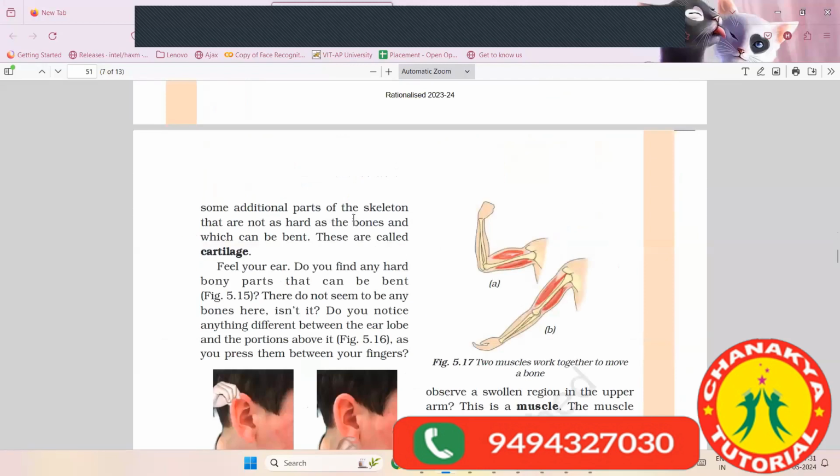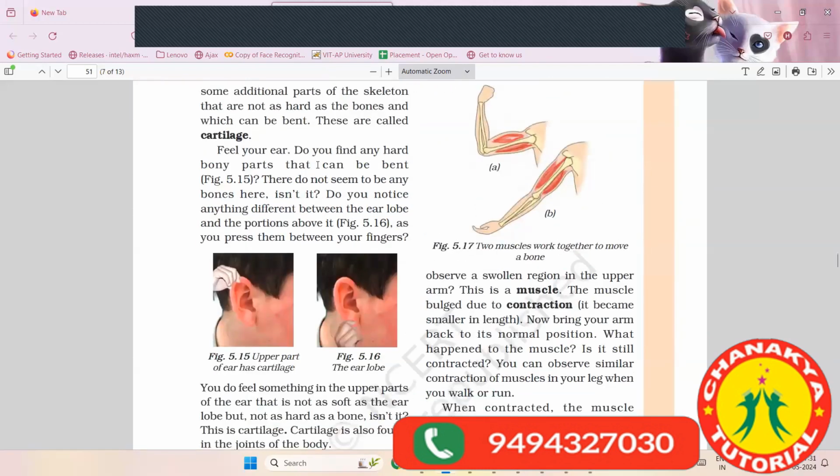Given here, some additional parts of the skeleton are not hard like bones and can be bent. These are called cartilage. This cartilage is different from the cartilage joint that we are seeing, right? Cartilage is basically elastic. Wherever you need elasticity, wherever the joint is present, then only you can move the hand freely.